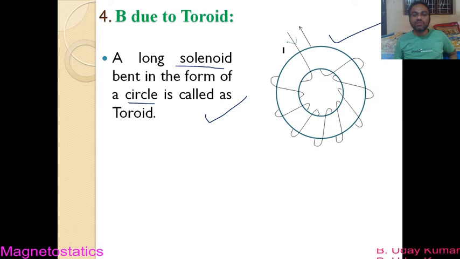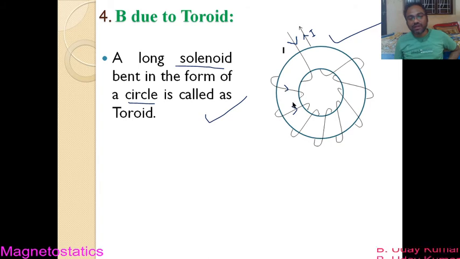So let us assume that through this end the current I is entering, and hence through this end the current will be leaving. Since the current is entering the system, the directions of current in different turns will be like this. So please check it out. The current moves like that and passes through the wire from the back side of the toroid and again comes to the front.